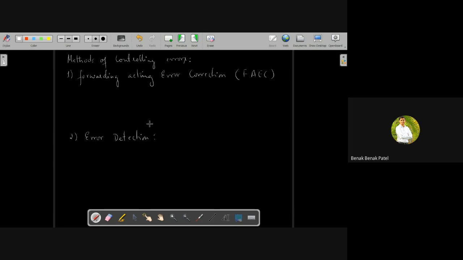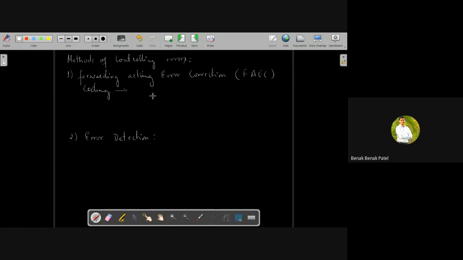In the very first method, errors are detected and corrected by proper coding techniques. So here we employ coding to detect as well as correct errors.